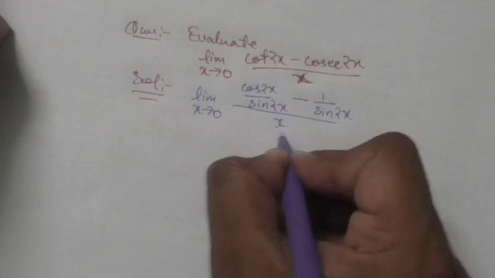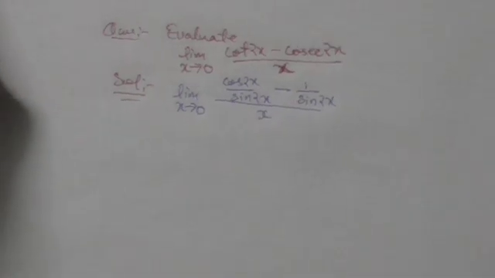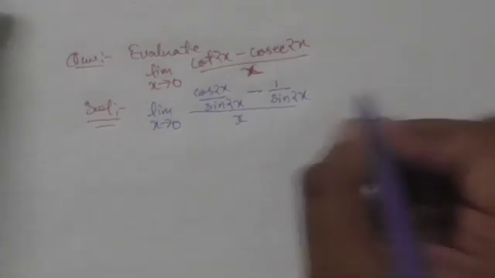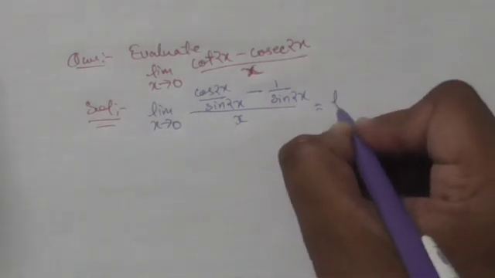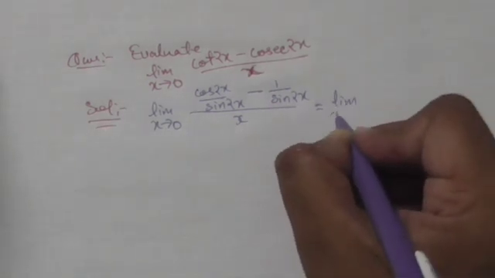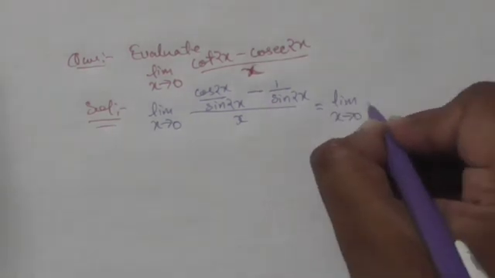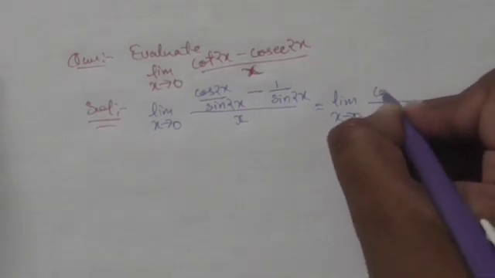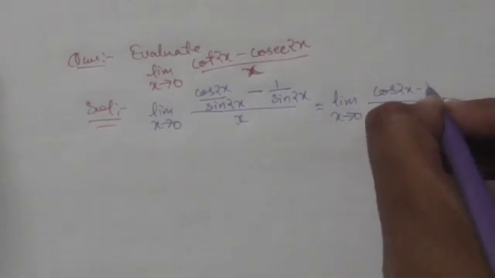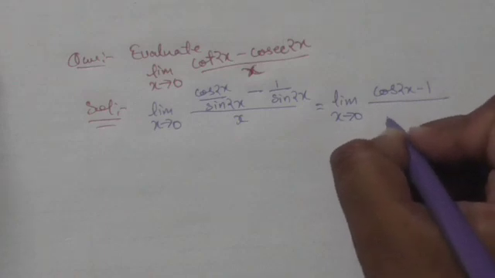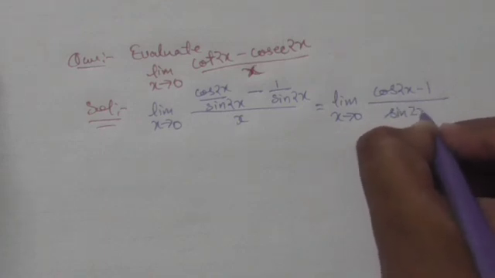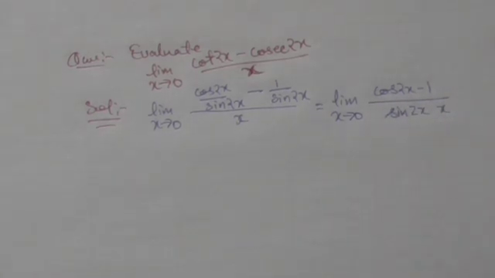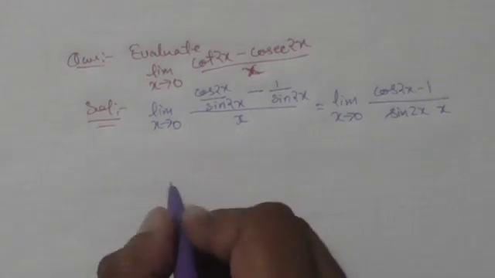In denominator we have x, right? So this will be equal to limit x tends to 0 cos 2x minus 1 upon sin 2x into x, right?